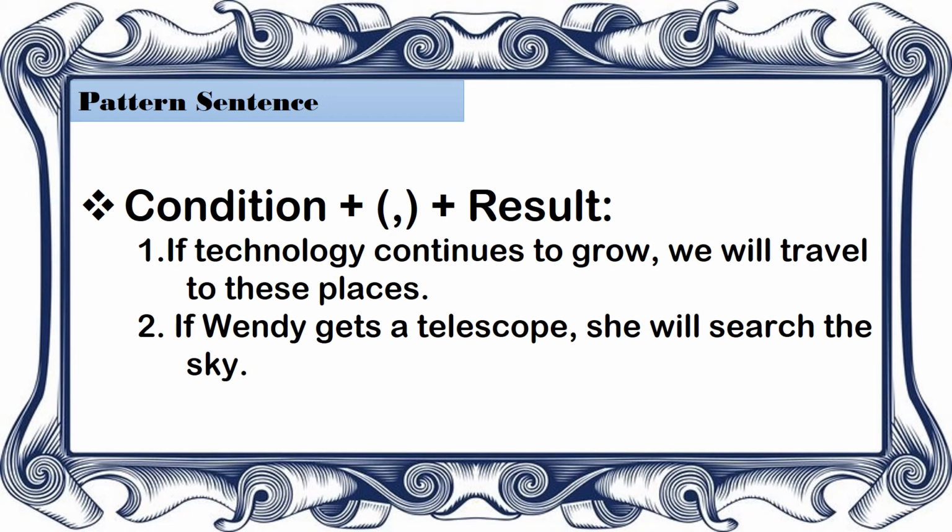So if technology continues to grow, before the we will is a comma here. Okay? So again, if a condition starts a sentence, or if the sentence starts with the word if, there should be a comma before your future tense. So if technology continues to grow, comma, we will travel to these places. And example number 2, if Wendy gets a telescope, comma, she will search the sky.